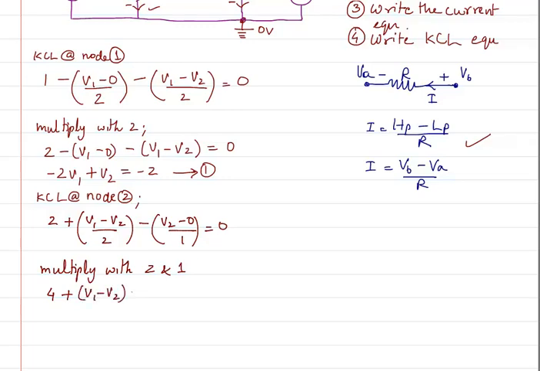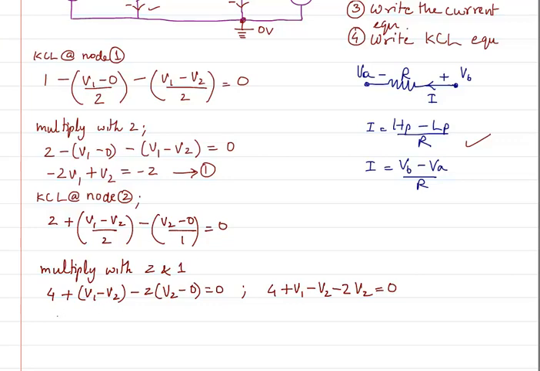The third one, the denominator is 1, so I will get minus 2 times V2 minus 0 is equal to 0, which I can write now as 4 plus V1 minus V2 minus 2V2, and 0 into minus 2 is also 0.